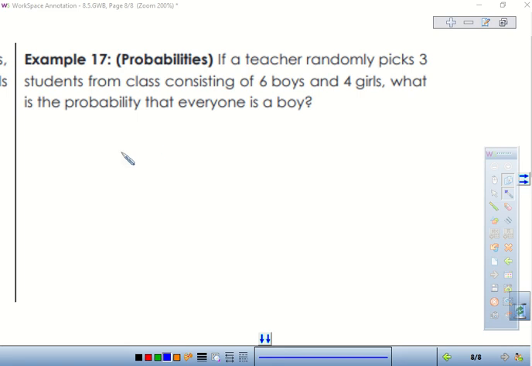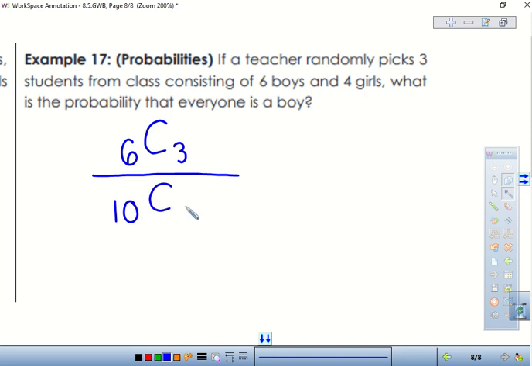How many boys do we have to choose from? 6. And how many of them are chosen? 3. Out of the chances of anybody being picked. So, what's the total number of students that we could have picked from? 10. And we're choosing how many of them? 3. So that is 1/6.